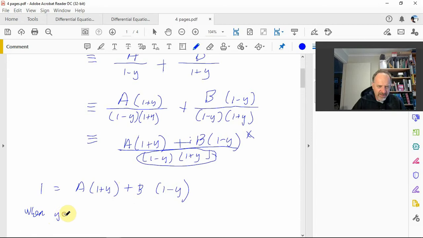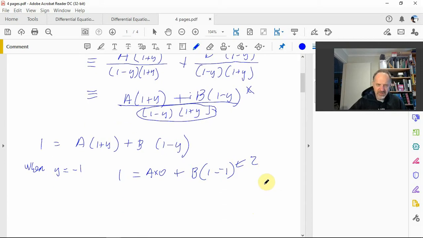So when y equals minus 1, this one over there stays the same. But here we'd have a times 0 plus b times 1 minus negative 1, which of course is 2. And so we would have that 1 would be equal to 2b, so b would be a half.